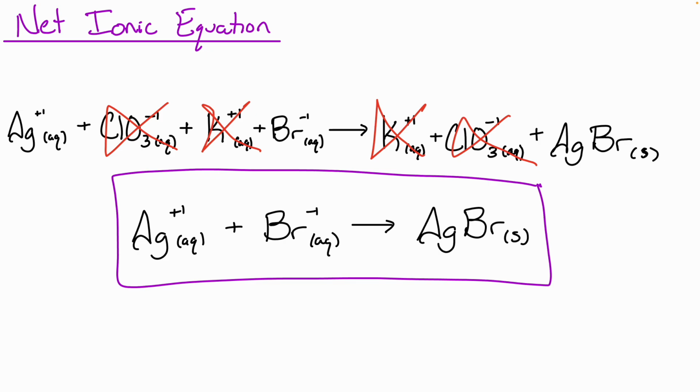They are watching the reaction take place, but they themselves are not participating. This is what we call spectator ions. So my potassium and my chlorate, the things that I'm able to cancel out from my ionic equation, we call spectator ions. As the name implies, they're just sitting there watching the show. They're not actually participating in the chemical reaction at all.